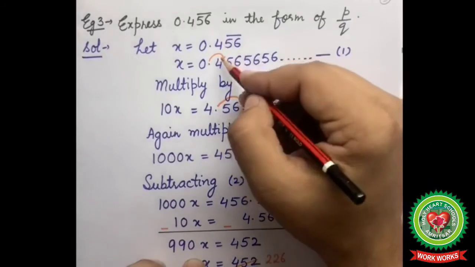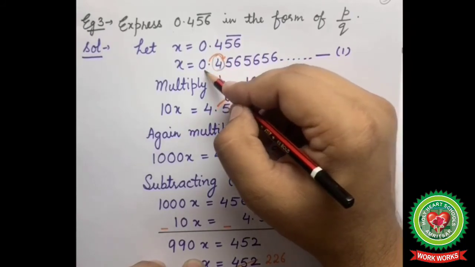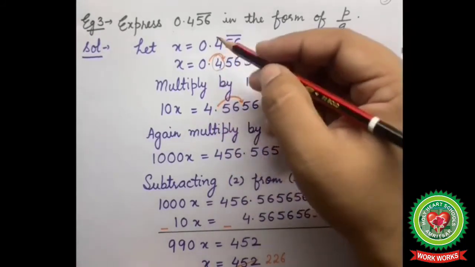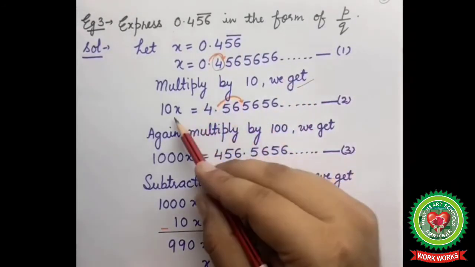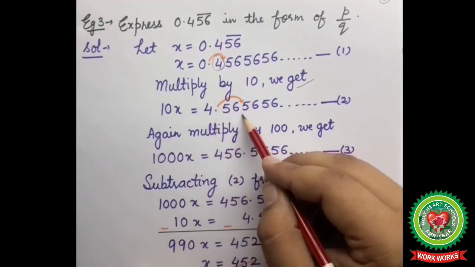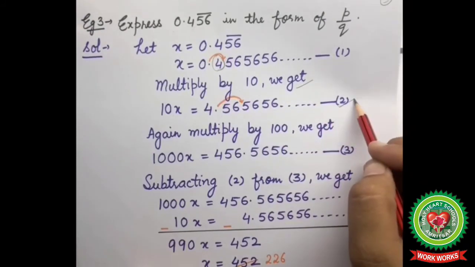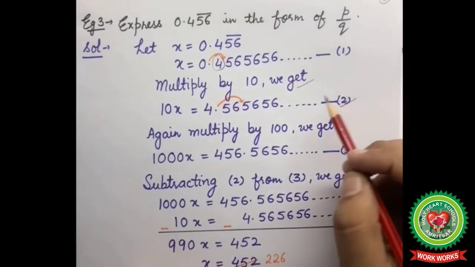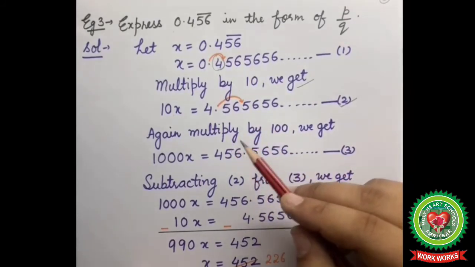Now here there is one digit after the decimal which is not being repeated, so we are going to take it out first. So that is one digit only, so we are going to multiply by 10. So on multiplying, we'll get 10x is equal to 4.565656 so on. This will give us our equation number 2. So now we are going to take out those digits which were being repeated.